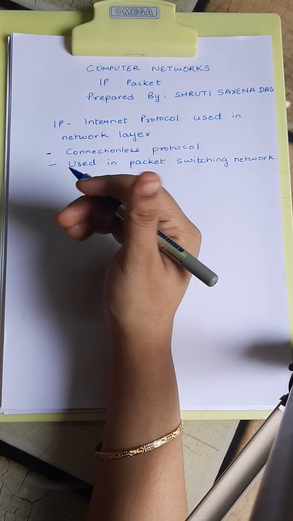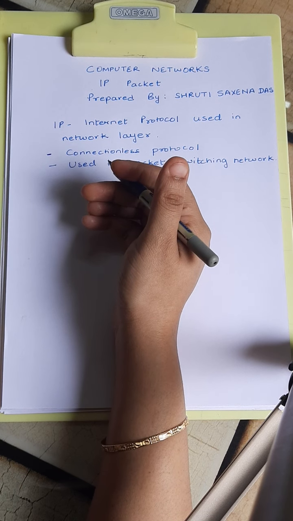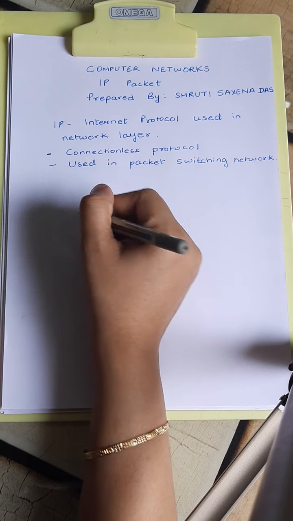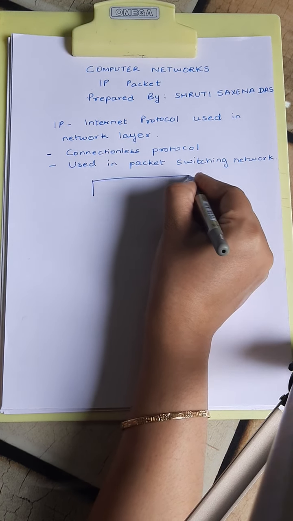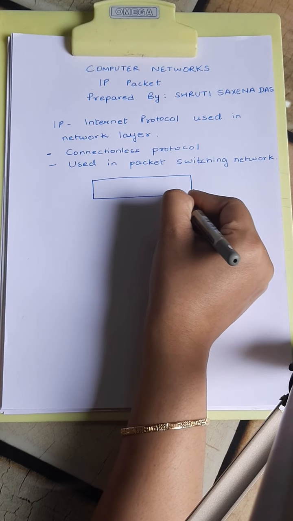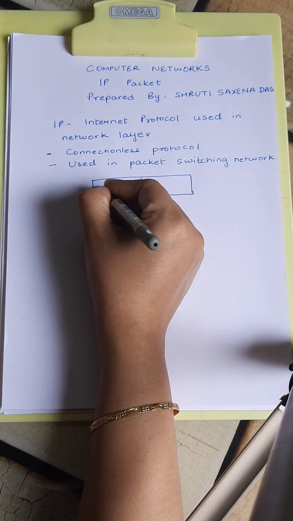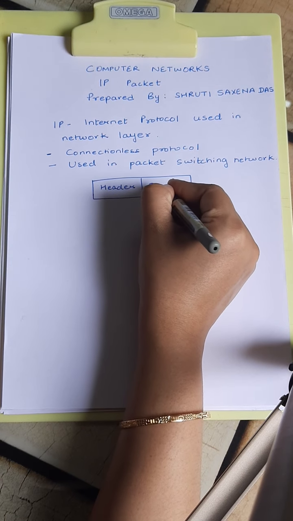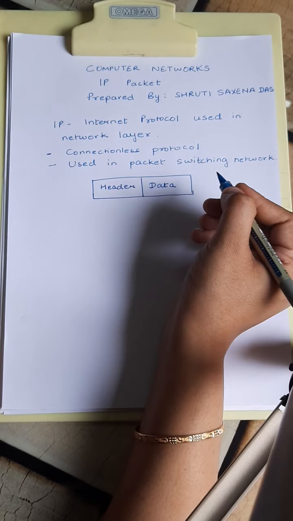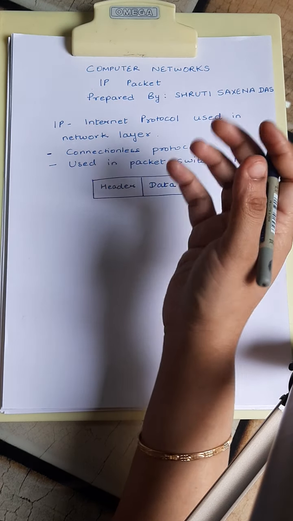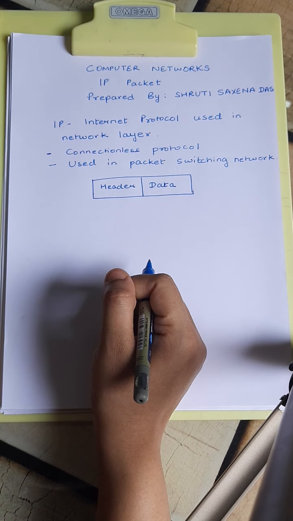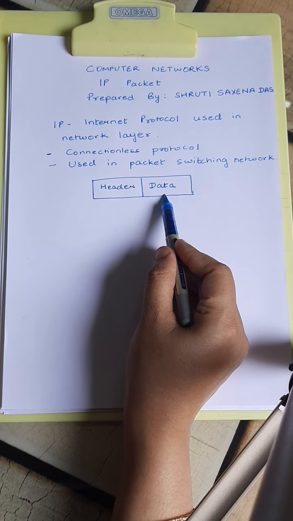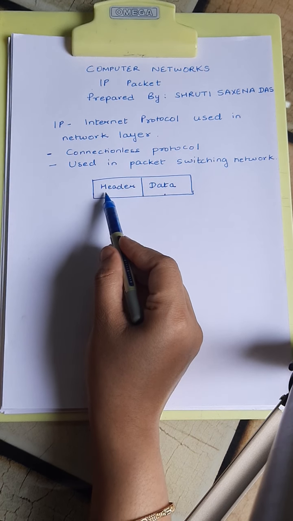Whatever data it is receiving from the transport layer, it adds to its own header information. So the basic structure of the packet is like this. We have the header, this is the IP header, and this is the data. It receives the data from the transport layer, which is the fourth layer, and encapsulates it with the header.